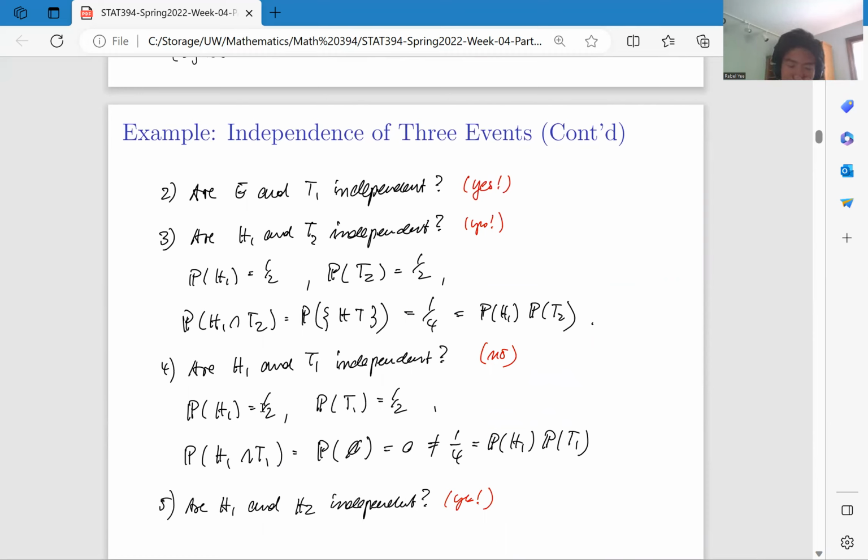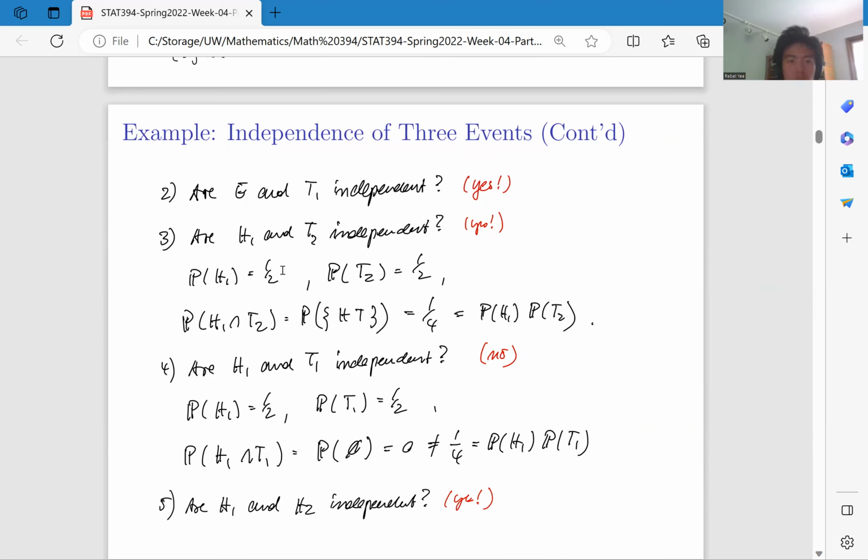Because there's only one, the probability of E intersection with T1 is equal to 1 over 4, and the probability of each of E and T1 happening is 1 over 2. So 1 over 2 times 1 over 2 is 1 over 4. They are equal, so independent.